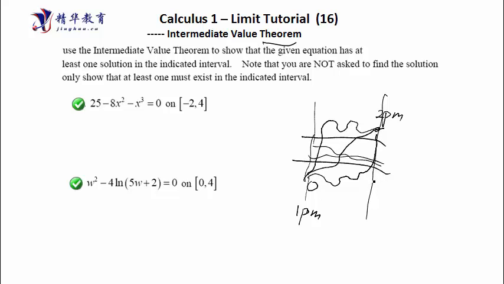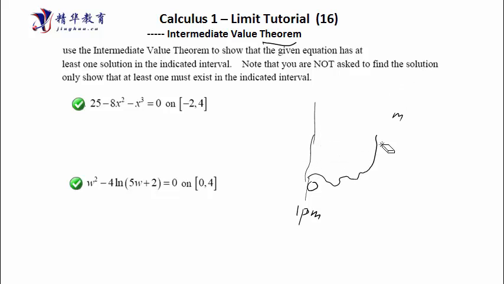You don't have a choice, because you have to cross the river somehow. Otherwise, it's impossible for you to be on the other side. That makes sense, right? That is very simple logic. That is the basic idea behind the Intermediate Value Theorem.